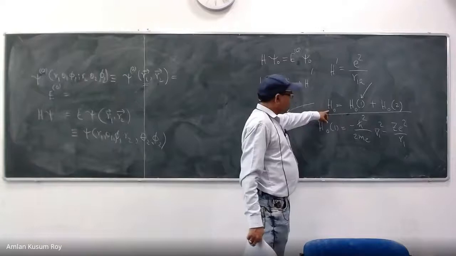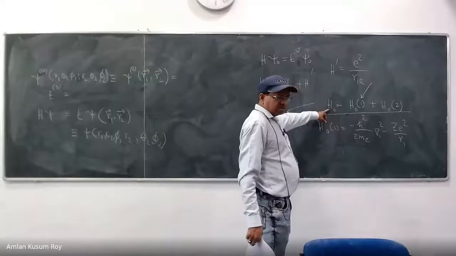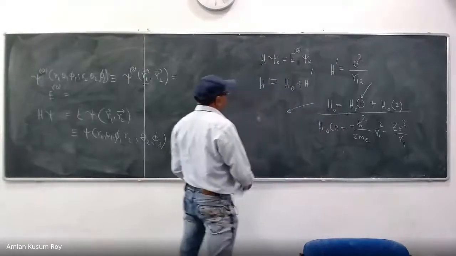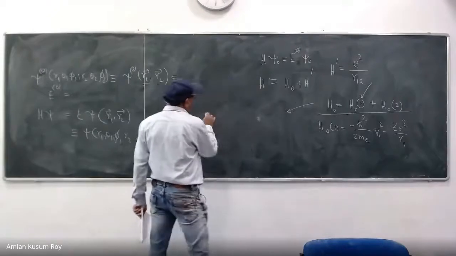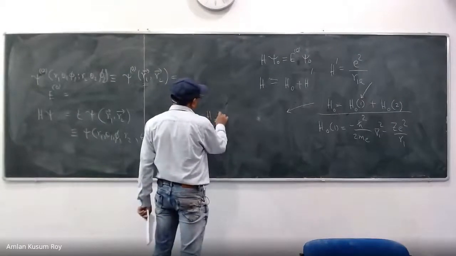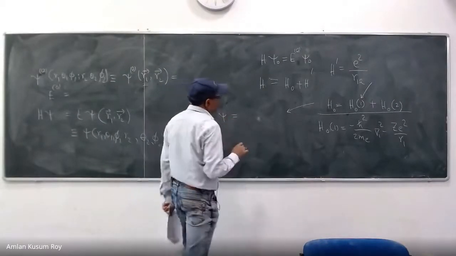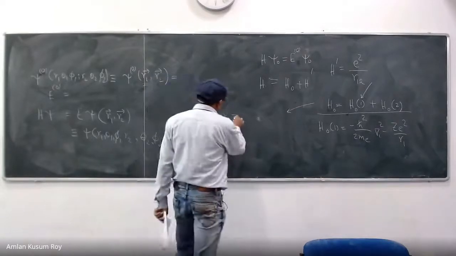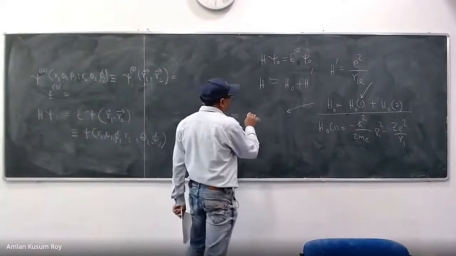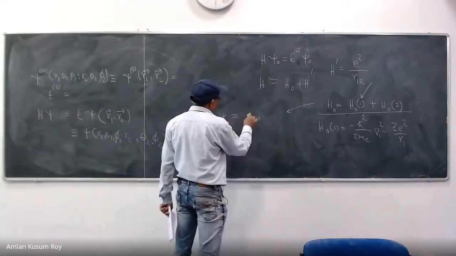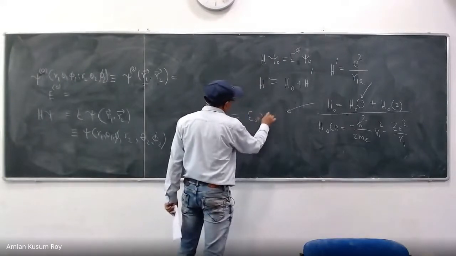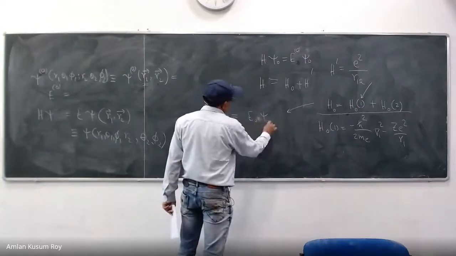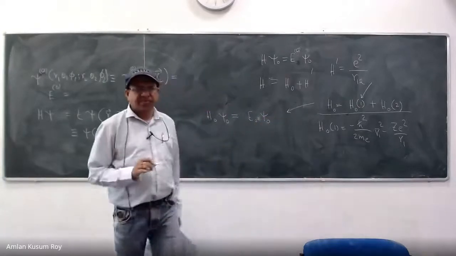From this one, psi 0 and E0 will come. So that is right. That is what I am asking. So if you solve this Hamiltonian, if you have difficulty in understanding this point, we should not move too fast. H0 psi is equal to E0 psi, right? That is the equation.